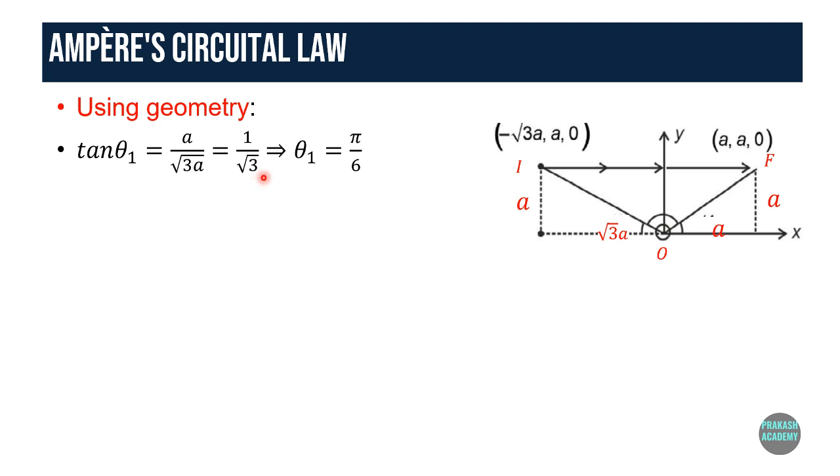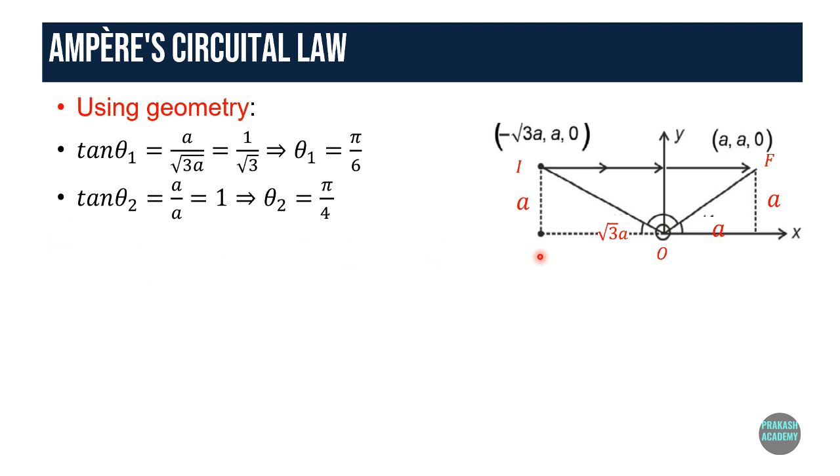We know when theta is equal to 30 degrees, tan theta is equal to 1 by root 3. So, in this case theta 1 is equal to 30 degrees, which is pi by 6. Now, let us consider this angle, and call it theta 2.